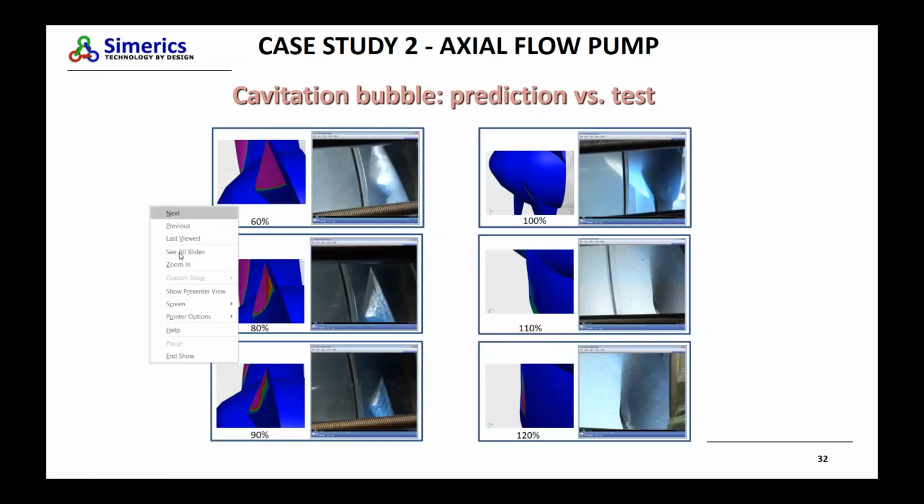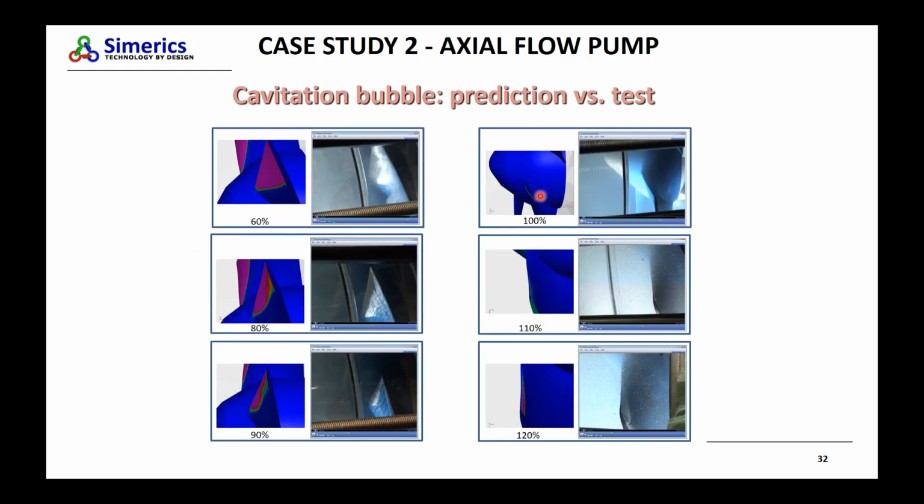But for the different flow speeds, they had videos, and we also compared our numerical results at different speeds using the same criteria for the cavitation bubble. You can see here a comparison at 60%, this is at 80%, and this is at 90%. As you keep increasing, you'll see the bubbles start to get smaller and smaller.